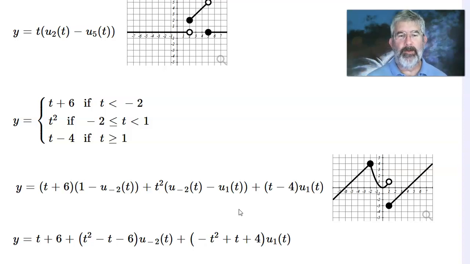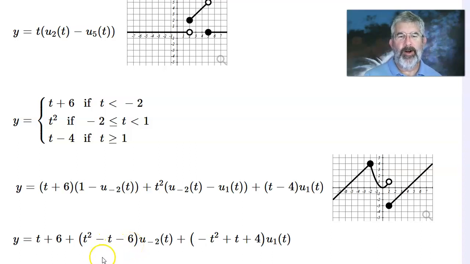Now, another way that people do this is right here, where they would say, hey, this starts off as t plus 6. Right? This is t plus 6. But then at -2, I'm going to do a couple of things. Right? At -2, I'm going to add in a t squared, but I'm going to subtract out the t and the 6.